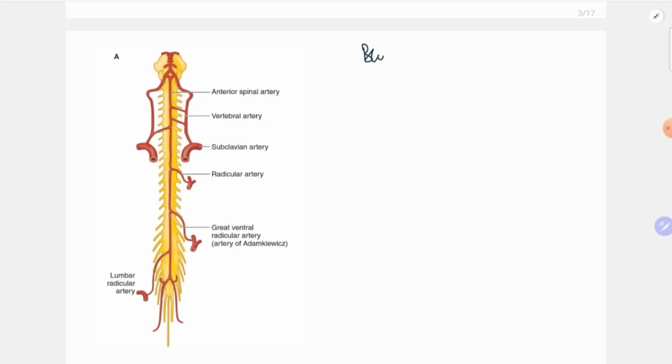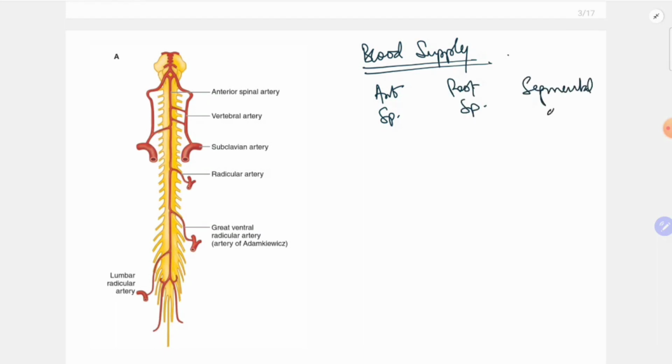Now let's talk about the blood supply of the vertebral column. Okay, so it's made of anterior spinal and posterior spinal arteries. Then there are some segmental arteries. Okay, so anterior spinal artery is single, posterior spinal arteries are two, and segmental arteries, obviously they are many.